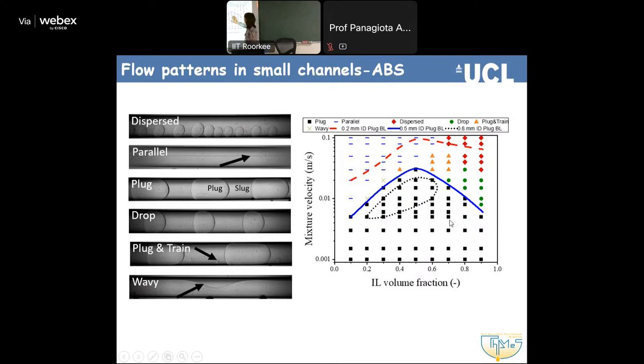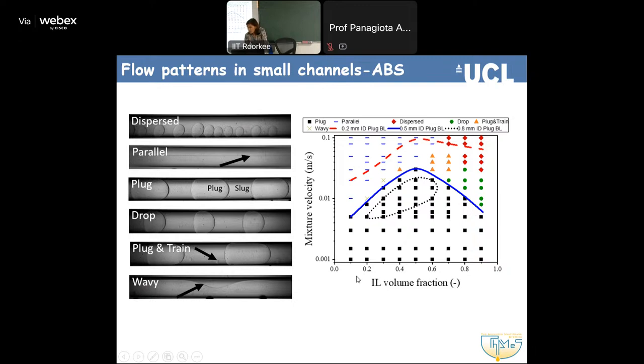So actually in 0.8, we only have plug flow inside here. And the rest can be, I don't remember now the patterns, could be either drops or something like that in these extremes. So this is the region where you would have plug flow. So in 0.8 it is quite limited. That's what the map shows. In 0.5 it is good. In 0.8 it is limited to that mixture velocity.